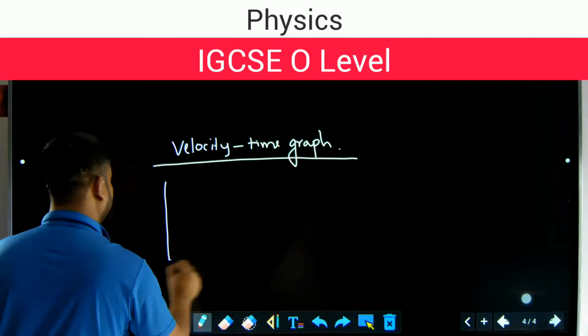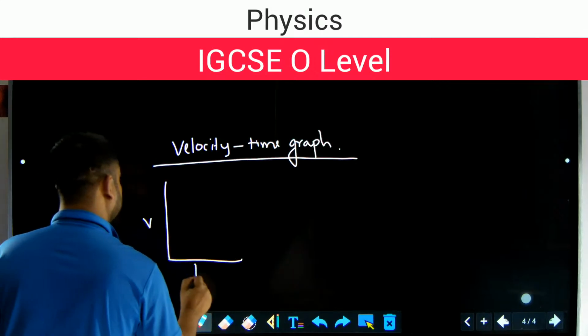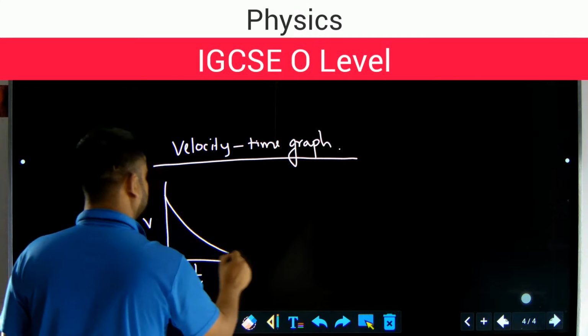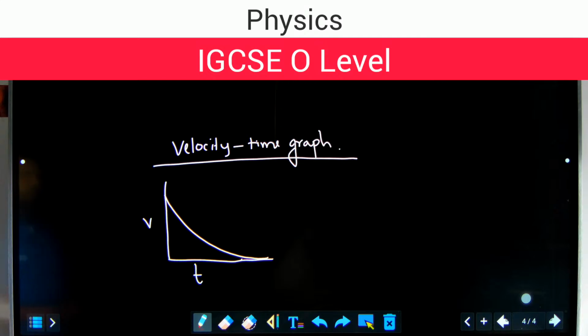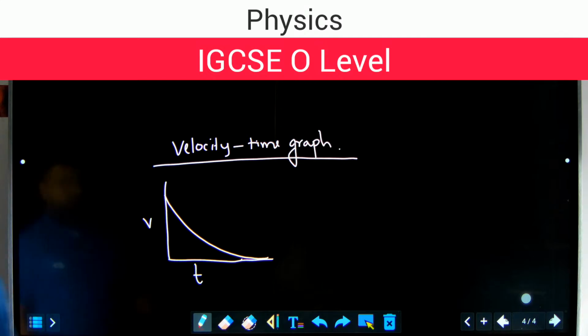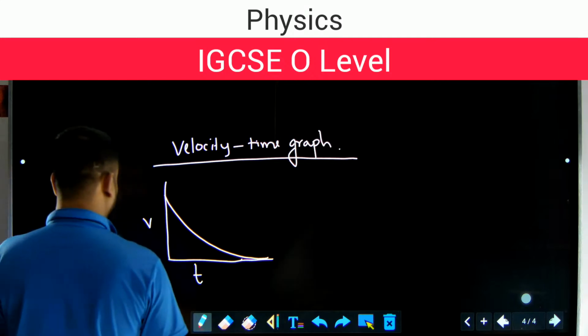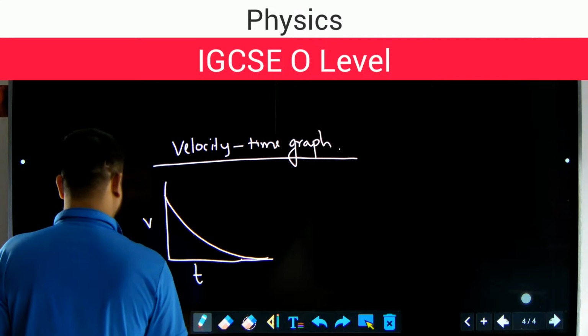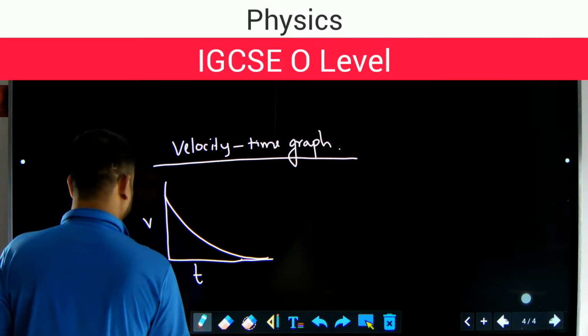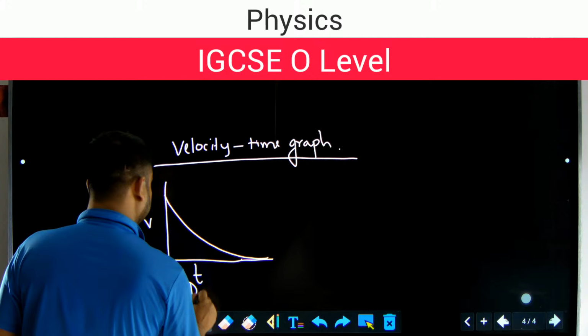If the velocity time graph is like that, then it is non-uniform deceleration, so decreasing deceleration, deceleration with decreasing rate, figure 6.